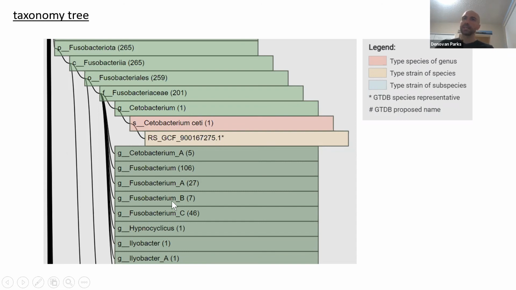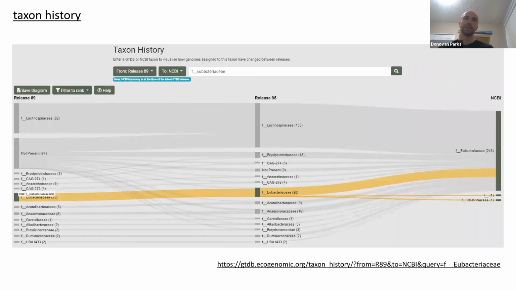And there isn't a case here, but we also use the hash symbol to indicate Latin names that we've proposed, but which actually aren't validated yet. This is something we did in one of the initial releases of the GTDB. These days, we no longer put forth Latin names, and we always use alphabetical suffixes like this and leave it to the community to propose and validate new Latin names.